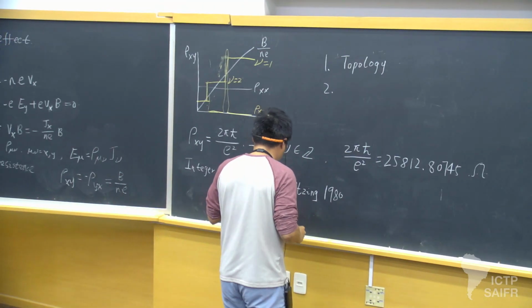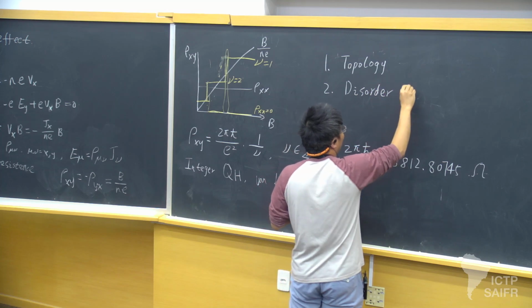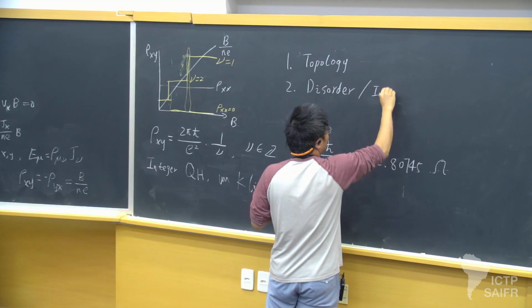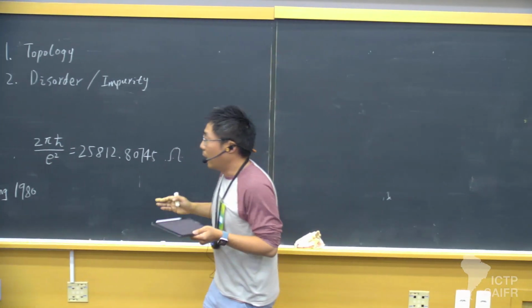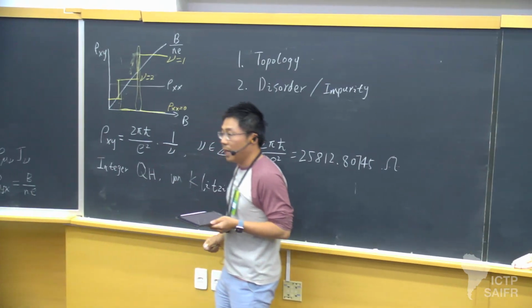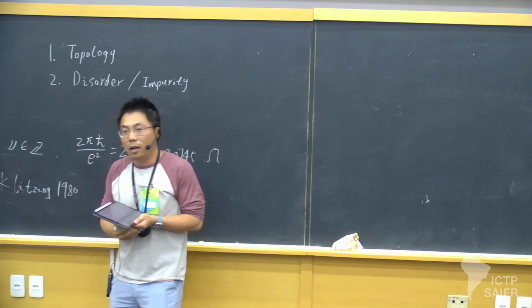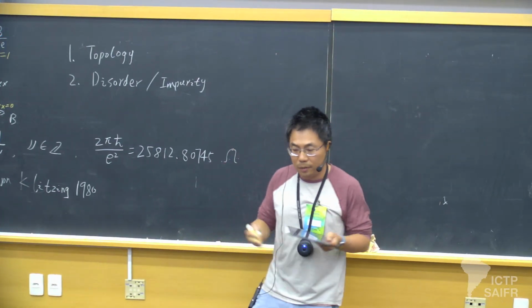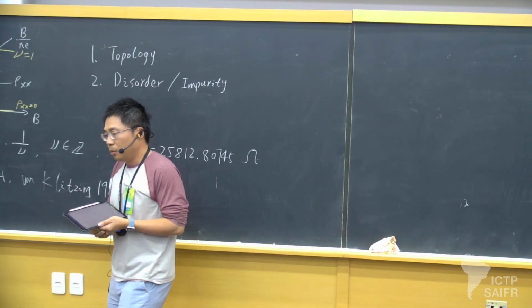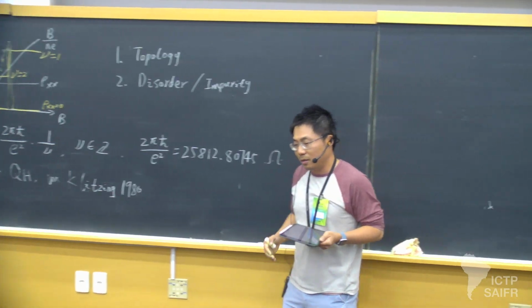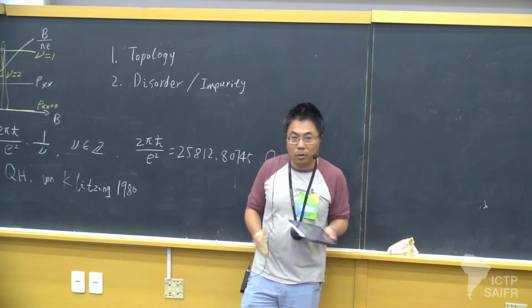Another thing that is a little bit more surprising is that the disorder, or you can say the impurity, or the dirtiness of the materials, plays a key role for these quantum Hall plateaus. That's really very counterintuitive compared to the things that we learned or dealt with in physics, particularly theoretical physics. When you try to model some real system, the first thing you would probably assume is that your system is clean, that there's no randomness, no impurities, and so on.